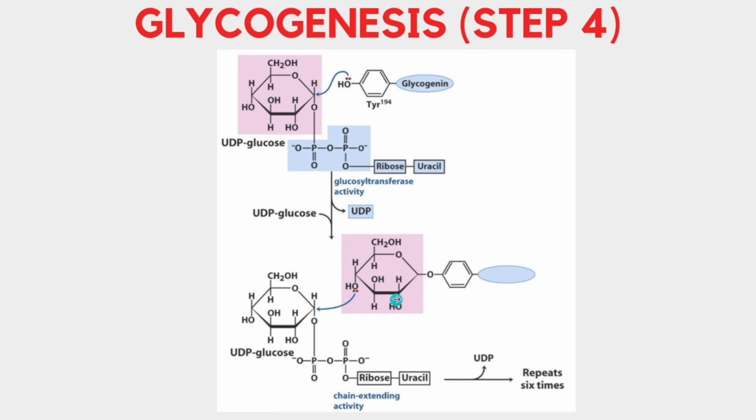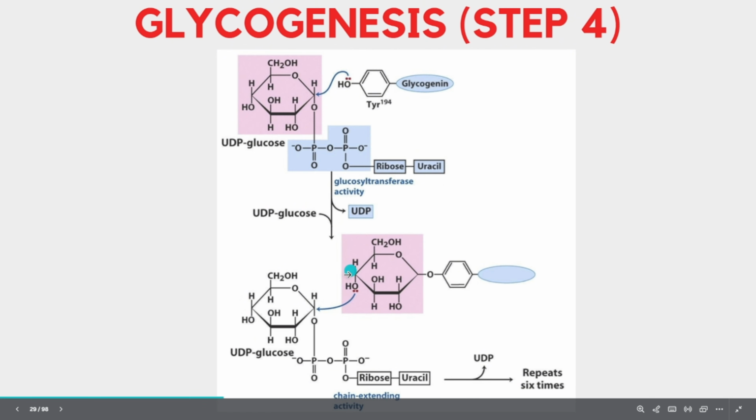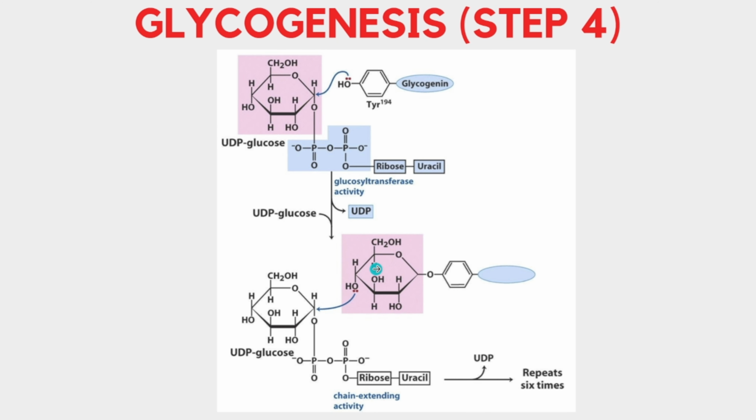molecule. Understand? Meaning that UDP glucose reacts with the hydroxyl group of the glucose here, and forms another glucose molecule here. So there are two glucose molecules here, right? And then this will repeat until there are 8 glucose molecules attached here.